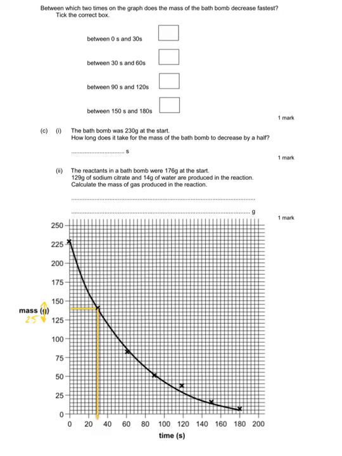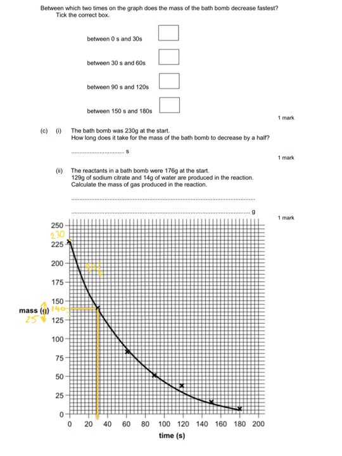And so 125, 130, 135, 140. And so the mass is at 140 here. And at the beginning, I said it was about 225. It's actually one little square above 225, so it's at 230. And so in that 30 seconds, it's dropped down from 230 to 140. And so that is a decrease of 90.